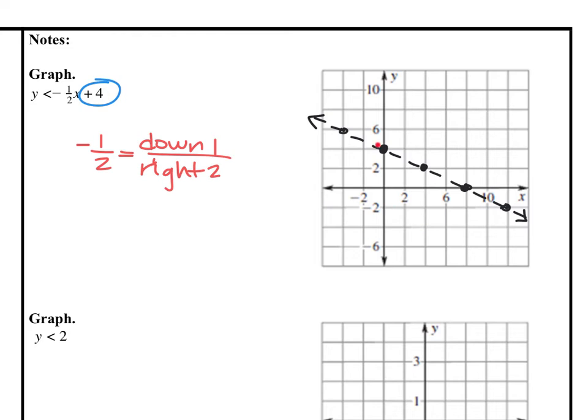So look at your y-intercept. Your y-intercept is at 4. We went less, so below that, it goes 2, 1, 0. It's going to get smaller. Because we went less than, we shade below. If you have a highlighter of your own, that's always a good idea for this unit, because then it's easier to see when we get to systems. So I shade below, and that is my linear inequality.